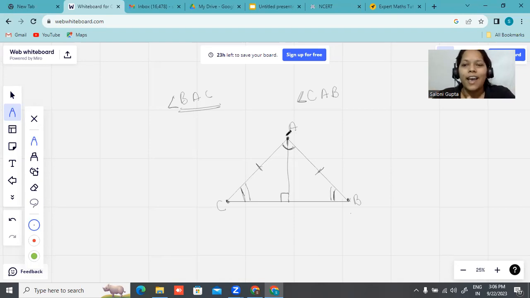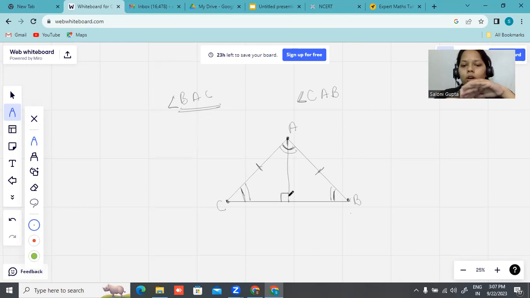And you know that there is the equilateral triangle also. In the equilateral triangle, all the sides are equal, so the angles opposite the equal sides are also equal. Every angle in this triangle will be equal. That is why we say that in the equilateral triangle, all the angles are equal and all the sides are also equal.